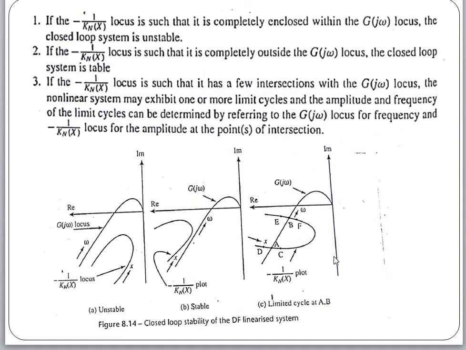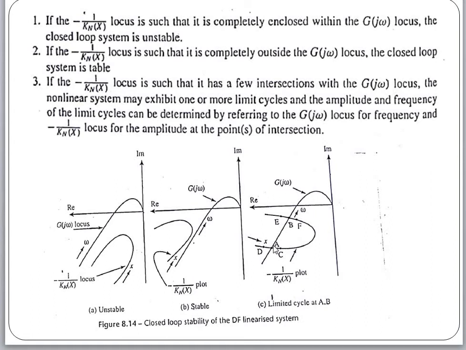And what is the other part? Here you can see in the third figure, the G(j omega) locus intersects with the minus 1 by Kn(x) plots. When these two loci intersect, there will be limit cycles of some fixed amplitude and frequency.